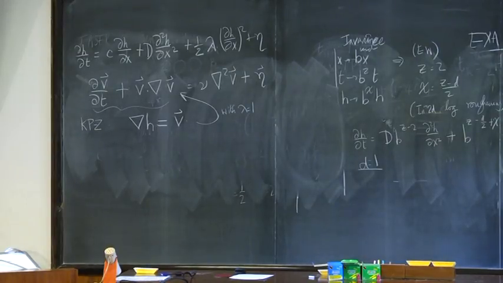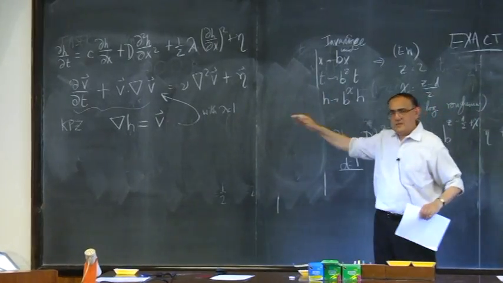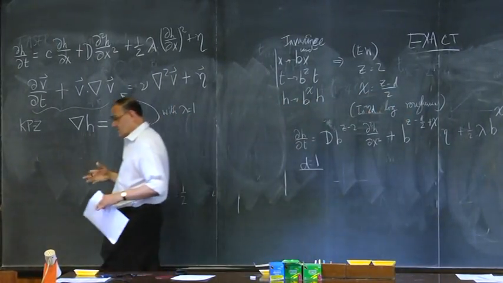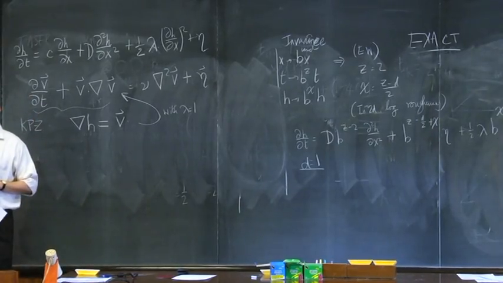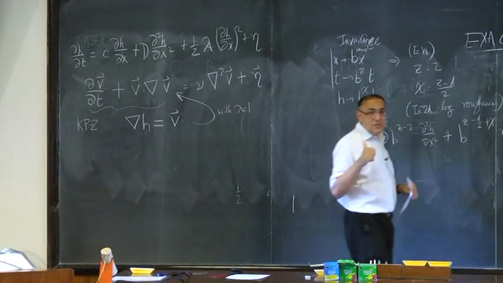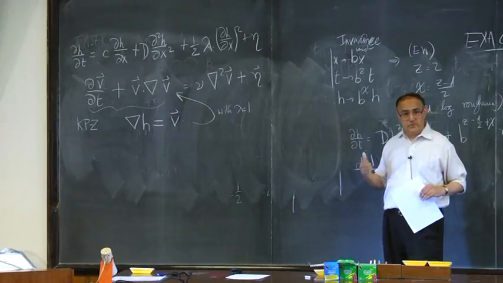Do Newton's laws remain valid under Galilean shift? Yes. These are ultimately derived from essentially Newton's laws. I mean, the equations of fluid mechanics, Newton's laws, and if you like, the continuity equation and things like that. So this equation must be invariant under Galilean shift.